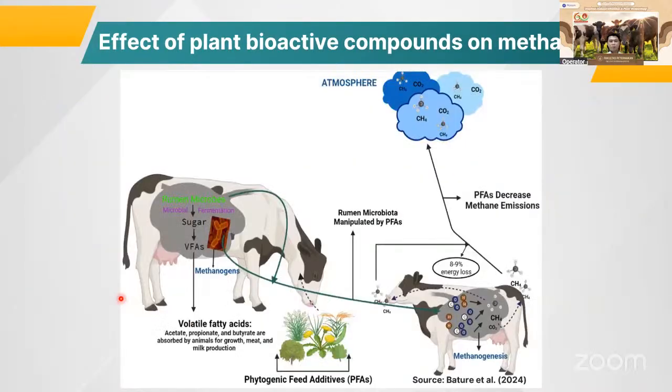Another mode of action of adding plant phytonutrient compounds is reducing methane emission, as you can see in this figure. After fermentation of feed, phytonutrient compounds can inhibit methanogen bacteria, so methane can be reduced.